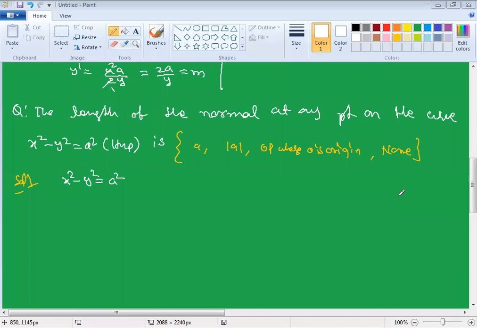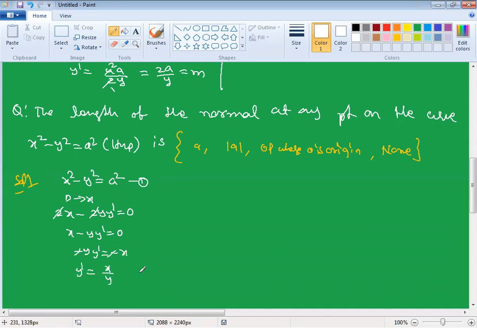First of all, differentiation we have to do. Differentiation with respect to x: for x square you will get 2x, for y square you will get 2y y dash, for the constant you will get 0. On both sides 2 gets cancelled, taking common x minus y y dash equal to 0, and minus y y dash equal to minus x, minus cancels, we can write y dash equal to x by y. This is only m.